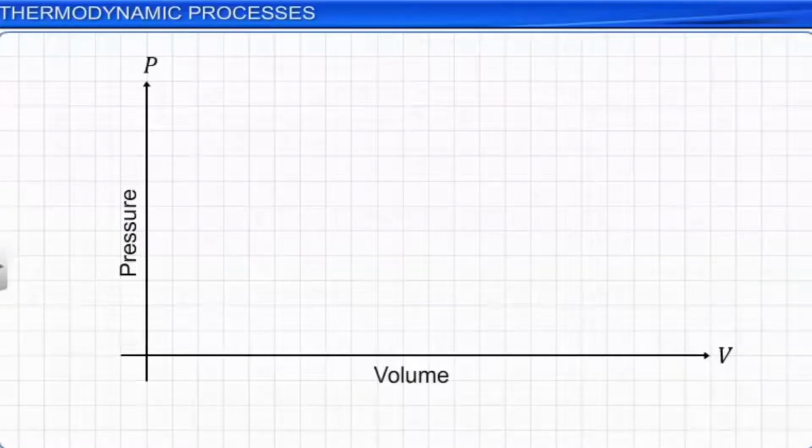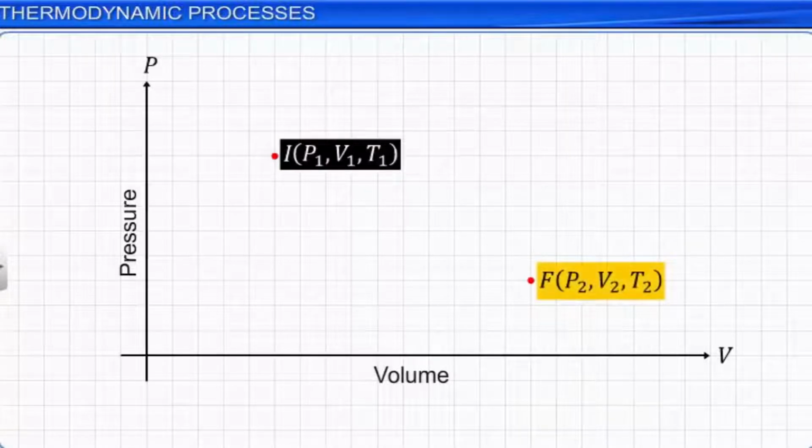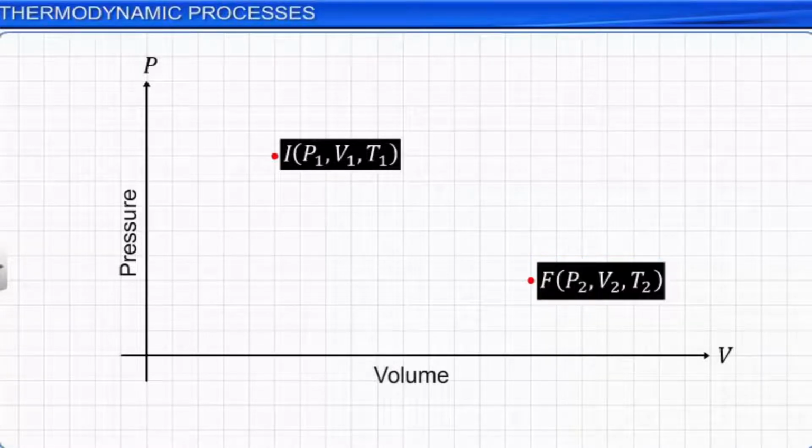If we want to represent the process in a PV graph, we can only represent the initial and final states of the system as I, P1, V1, T1 and F, P2, V2, T2. We cannot identify the intermediate states as they are non-equilibrium states, and hence they do not have a well-defined pressure and temperature.